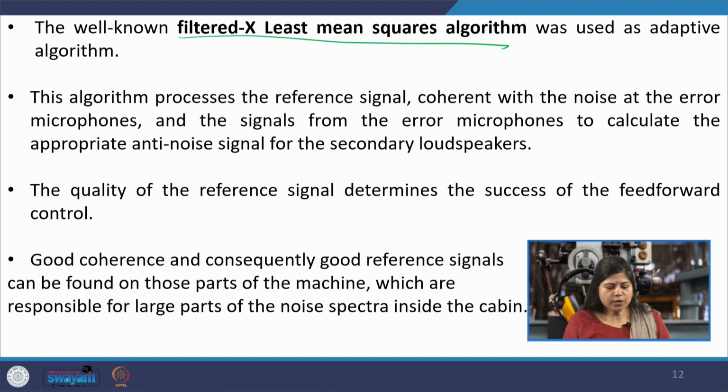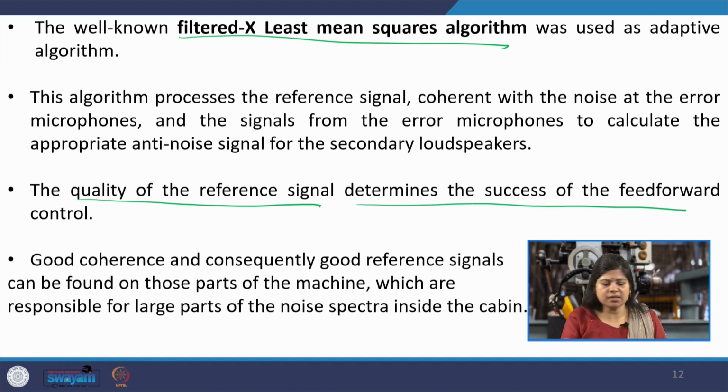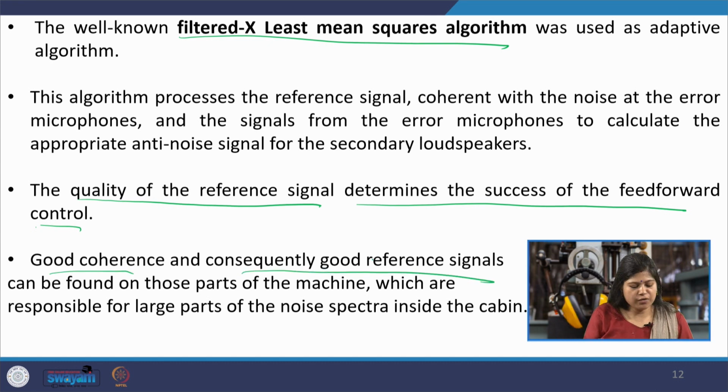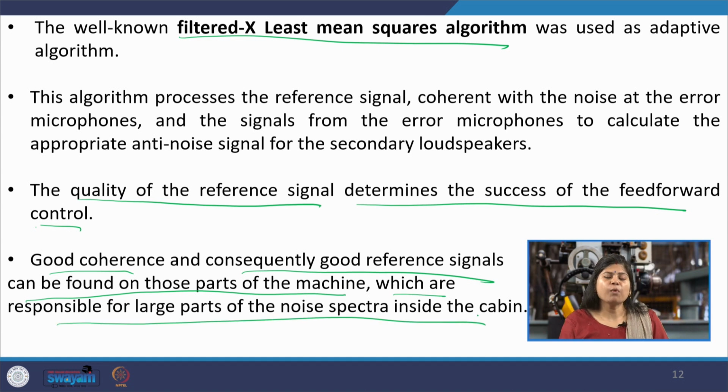The quality of the reference signal determines a lot the success of the feed forward control, and good coherence, and consequently good reference signals, can be found only on certain parts of the machine. The main challenge was that the harvester is a complex machine.